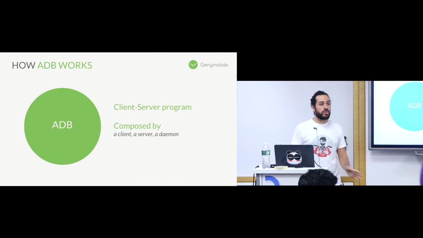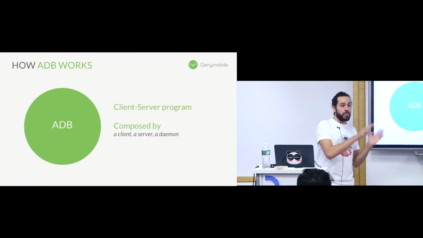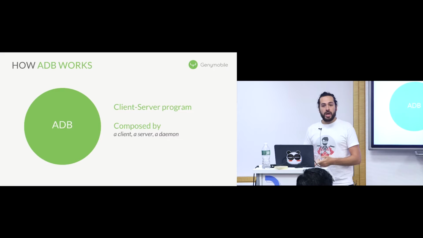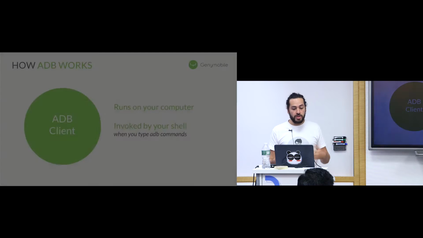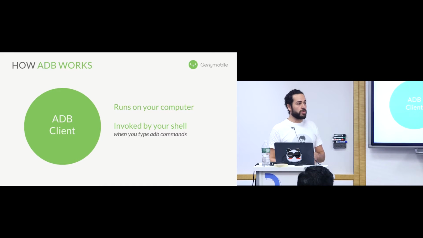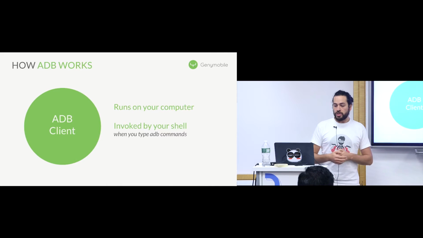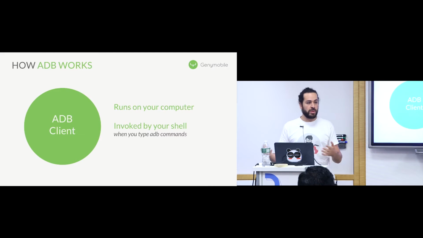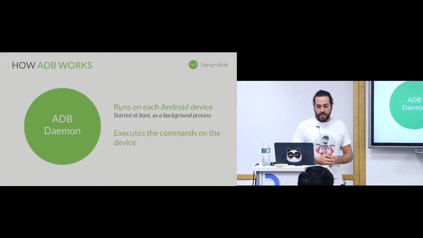ADB is a client-server program. And it's composed of 3 parts. You have a client, a server, and a daemon. Let's see what it is for real. So the ADB client runs on your computer, and that's actually the binary that is launched when you type adb on your command line. Then you have the daemon.